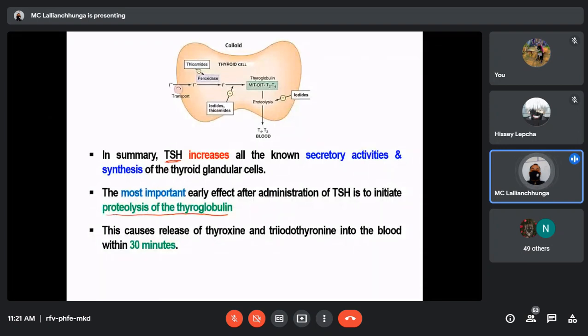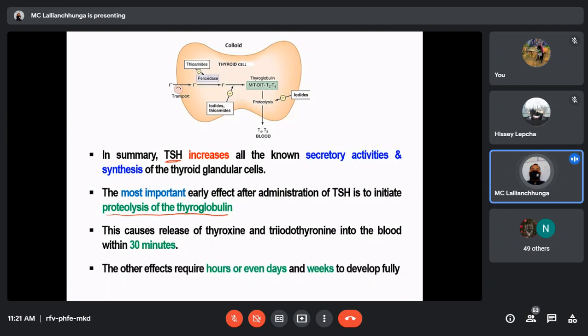Suppose you are injecting TSH, thyroid stimulating hormone. The first effect you can observe is the proteolysis of the thyroglobulin. It is quite quick. Within 30 minutes you can get that result. That means T3 and T4 will start appearing in the plasma within 30 minutes.